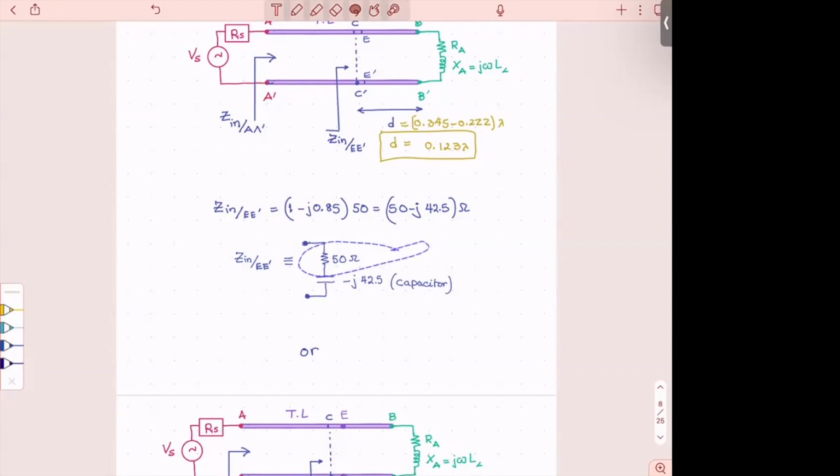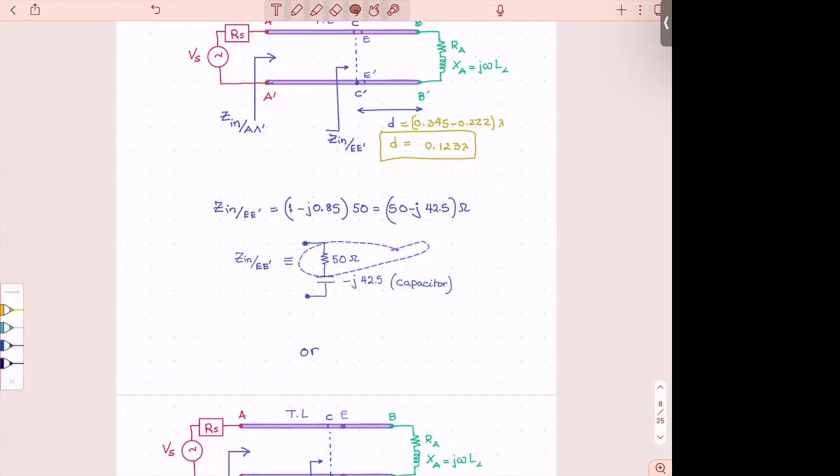So from what we learned in the past, what type of a transmission line circuit is giving us a reactive input? Which one? Oh, a parallel, yes. I mean, parallel is how you connect it. Here we can connect it like this, or we can connect it in series.